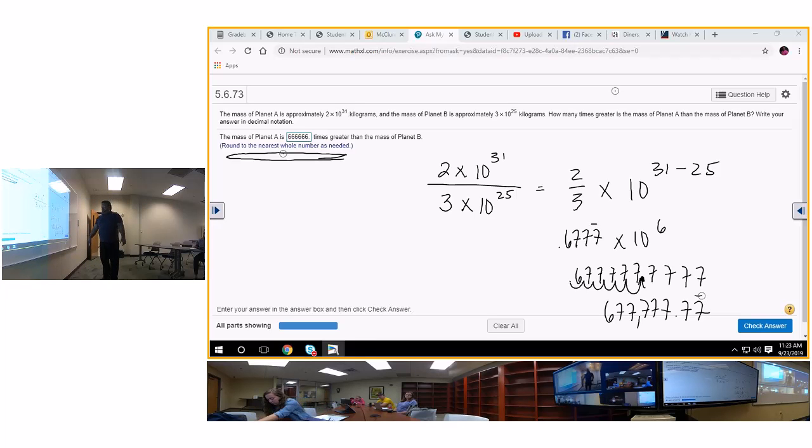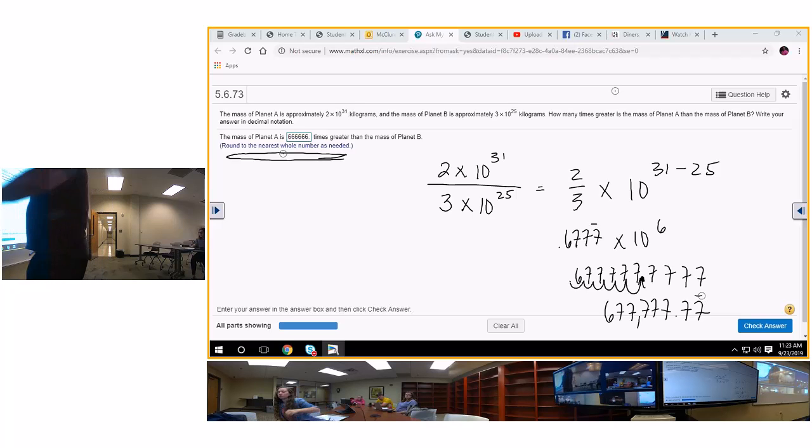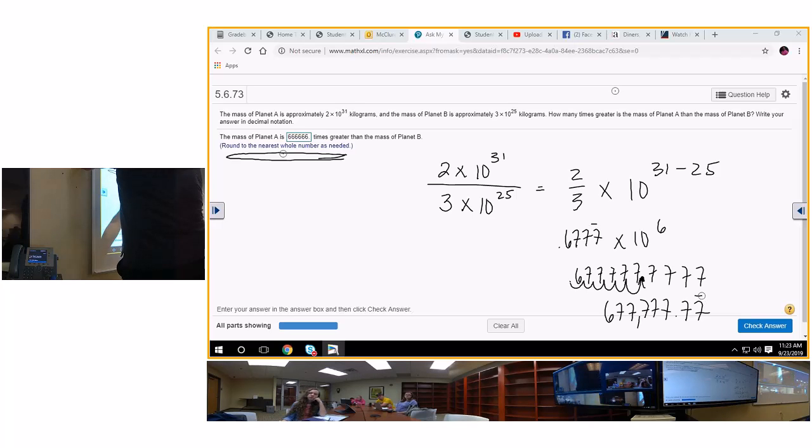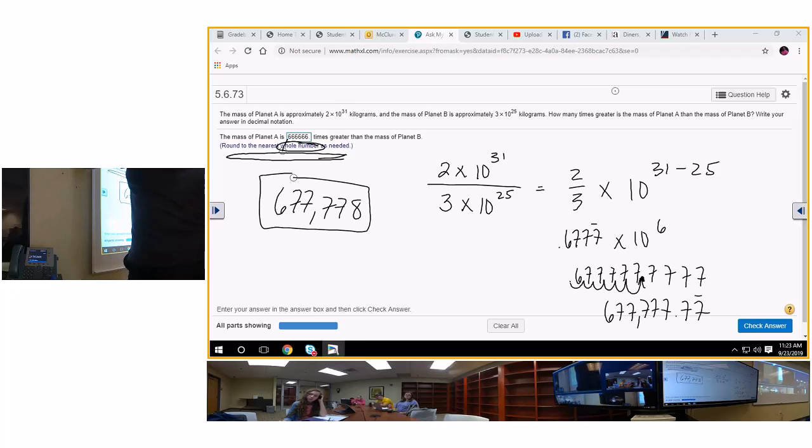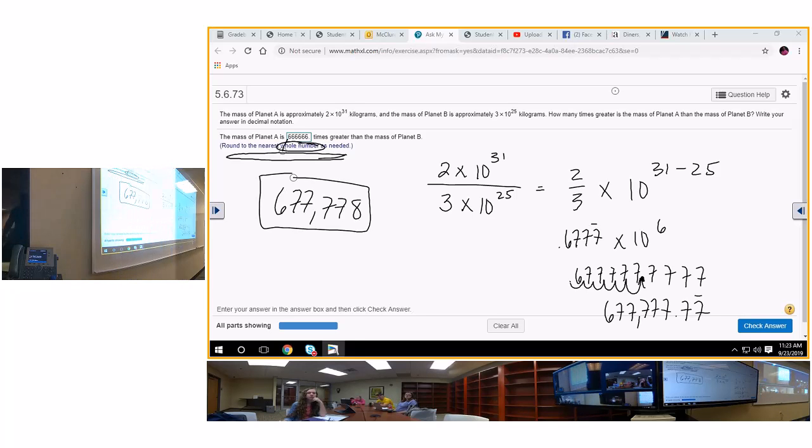So what is that close to? 677,778, because it says round to the nearest whole number.